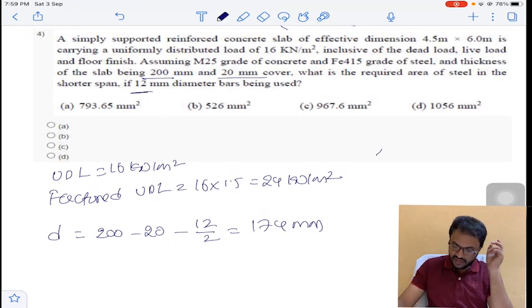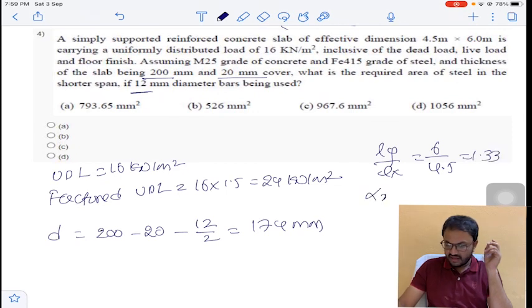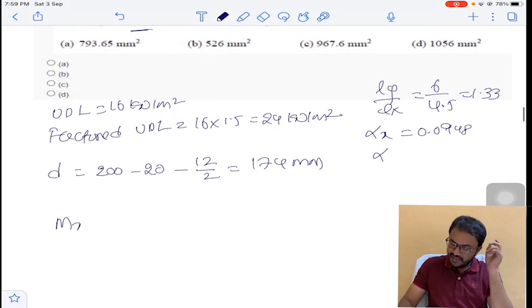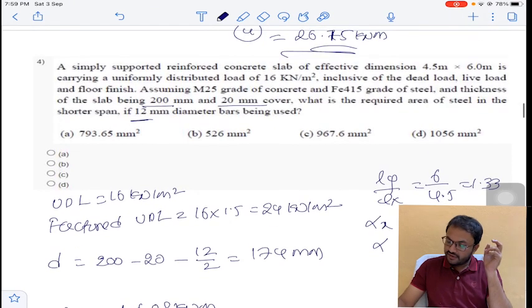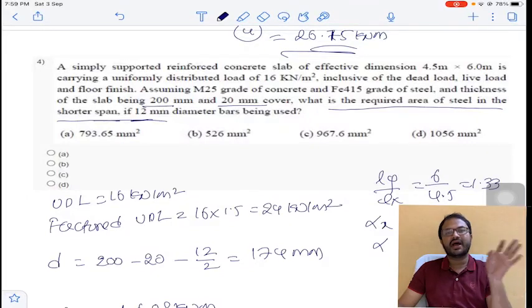And now we already know the value of Ly by Lx, that is equal to 6 divided by 4.5, that is equal to 1.33, and same alpha x as 0.0948. And now moment along x direction we already calculated in the last problem, that value is 46.08 kilonewton meter. Now what is the required area of steel in shorter span?